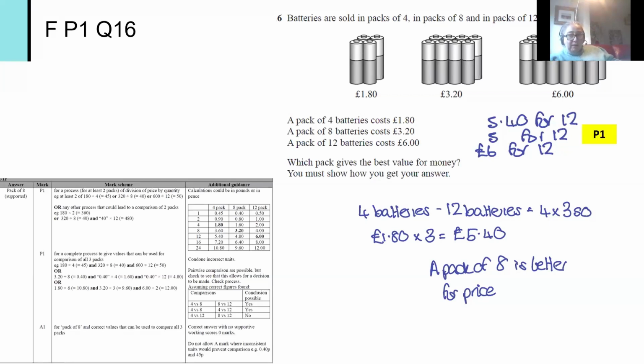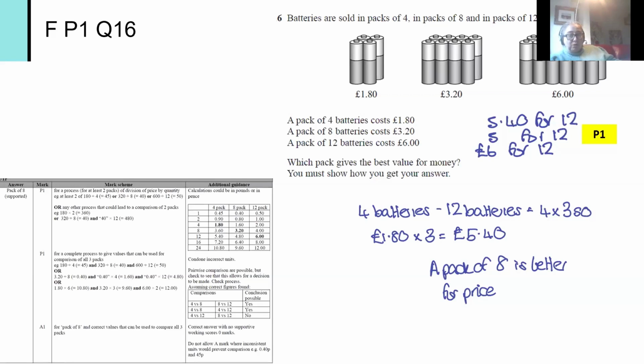So we've got here process marks given because you can compare two packs. In this case, we're comparing the cost of 12 pack batteries using the 4 pack and the cost of 12 pack batteries using the 12 pack, which was given in the question.